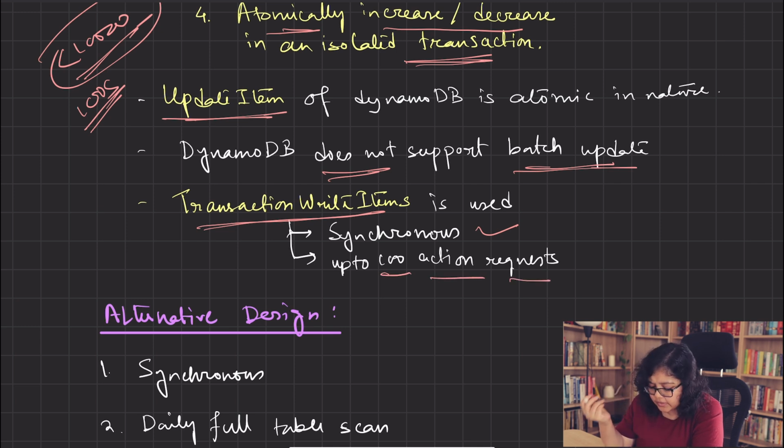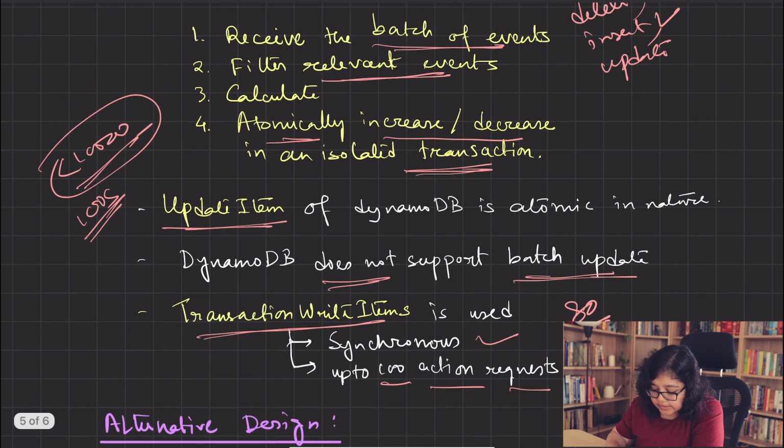Action requests mean you can have UpdateItem, DeleteItem, etc. In our case we will use a TransactWriteItems, inside which, let's say we need to update 80 records in the aggregated favorite table, we will have 80 UpdateItem commands, and we will execute that to update those records in the aggregated favorite table. So this is how the Lambda is working. It first gets the batch of events, then filters the relevant events, then calculates the count, then updates the aggregated favorite table atomically in a transaction.